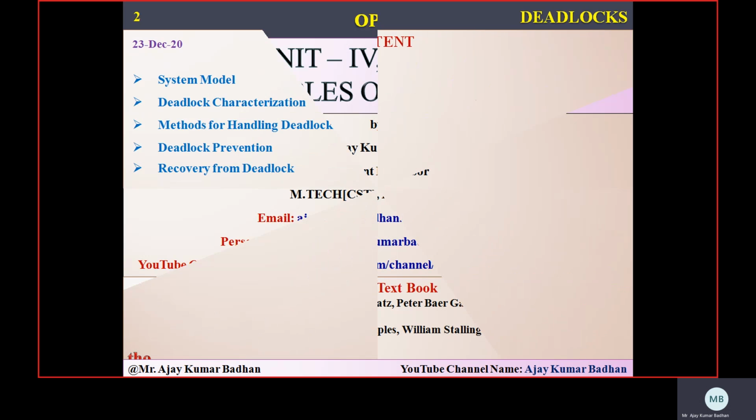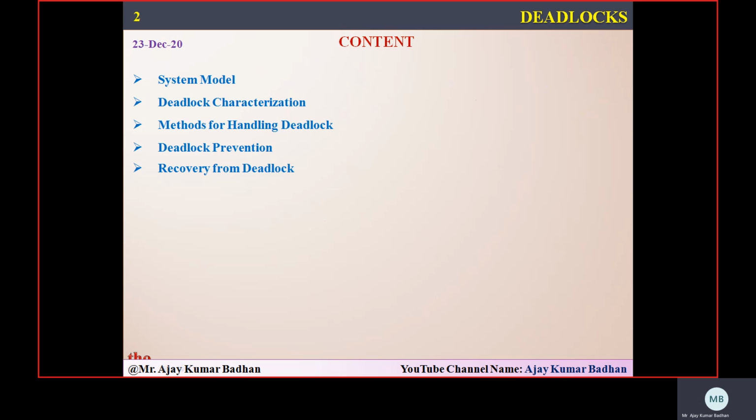So in the previous session, we discussed something called system models, where we discussed what exactly the model of a particular deadlock looks like. Within this, we also discussed a brief introduction to something called RAG.